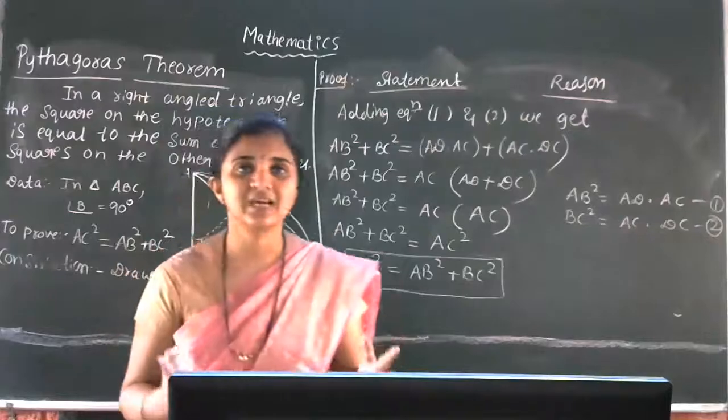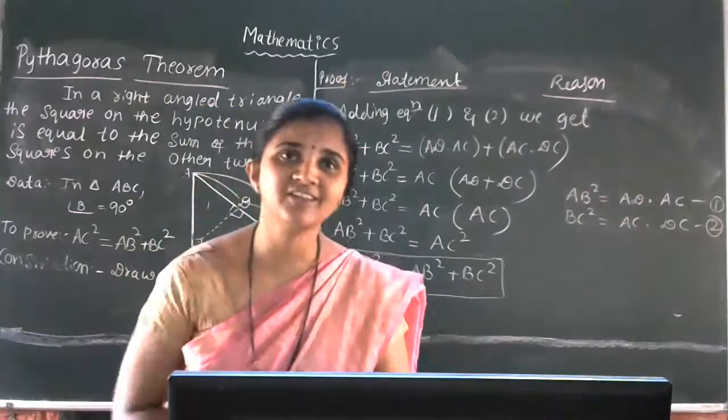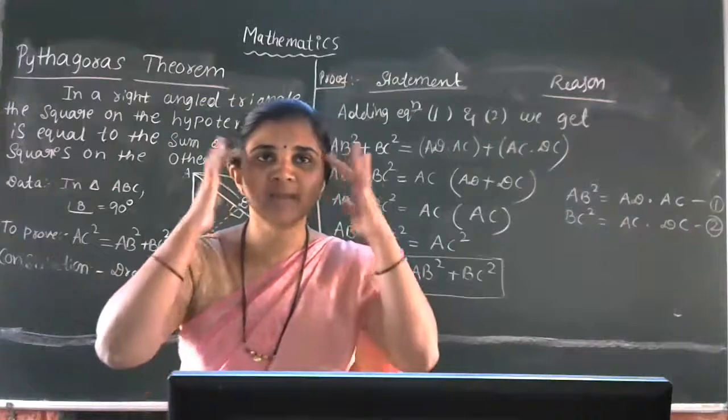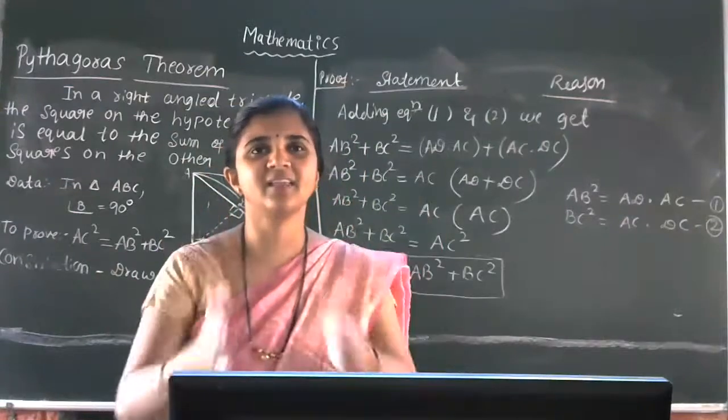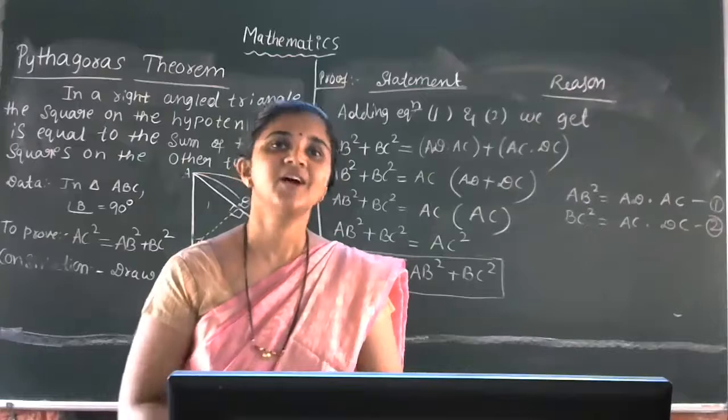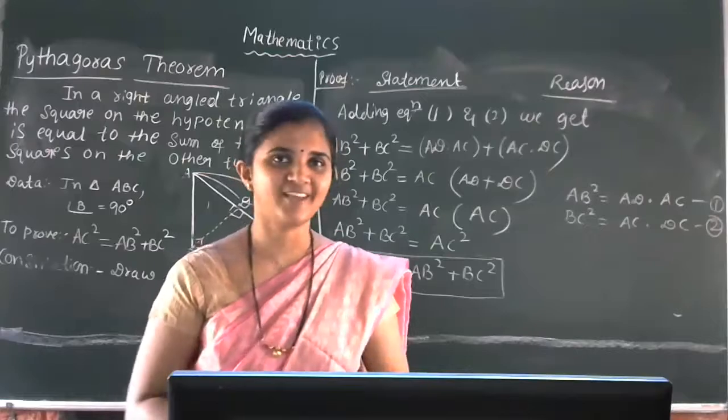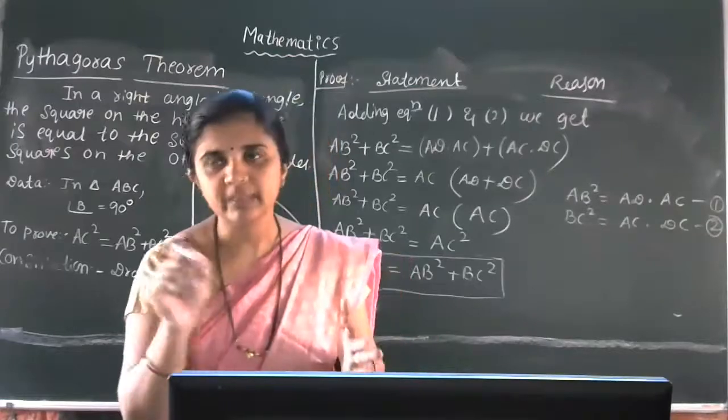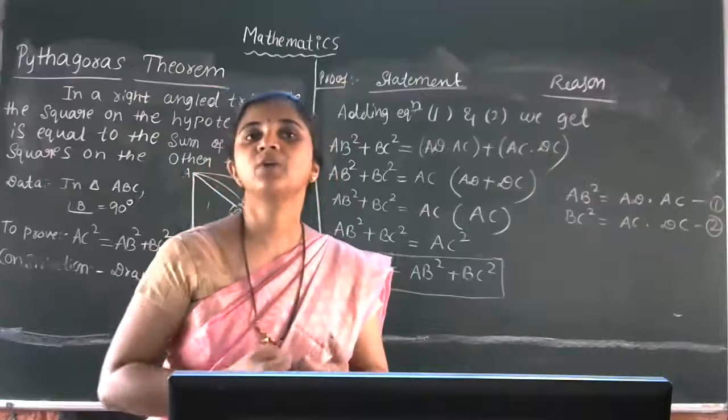Got the idea of this type of problem? Already you have the idea of this type of problems. In your textbook, you have the example problems that you have to work out today. First, you write the theorem. Yes, 15 is the right answer.